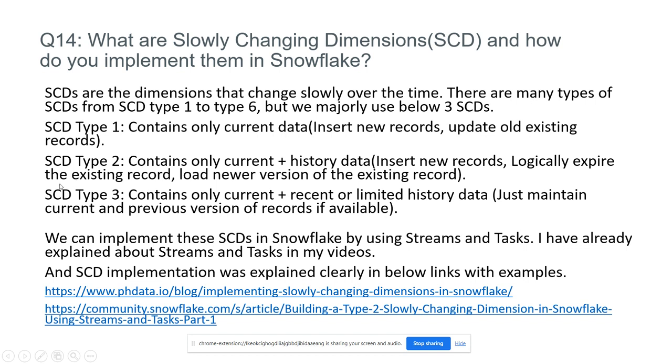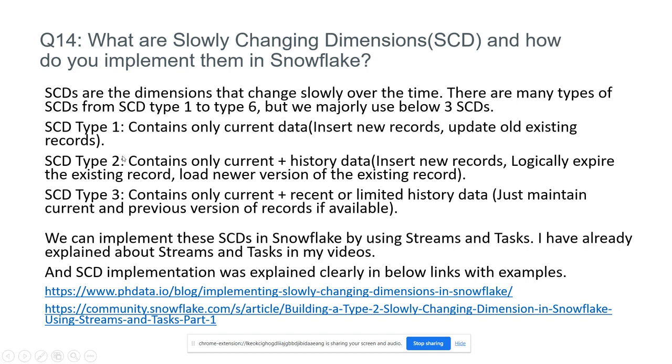Okay, so in SCD type 2, what will happen, it contains current plus history data. Okay, SCD type 2 contains current plus history data. So whenever a new record is coming, it will insert that new record. And if there is any update record coming, it will not update directly on the target table. So first of all, the existing record is there, right?